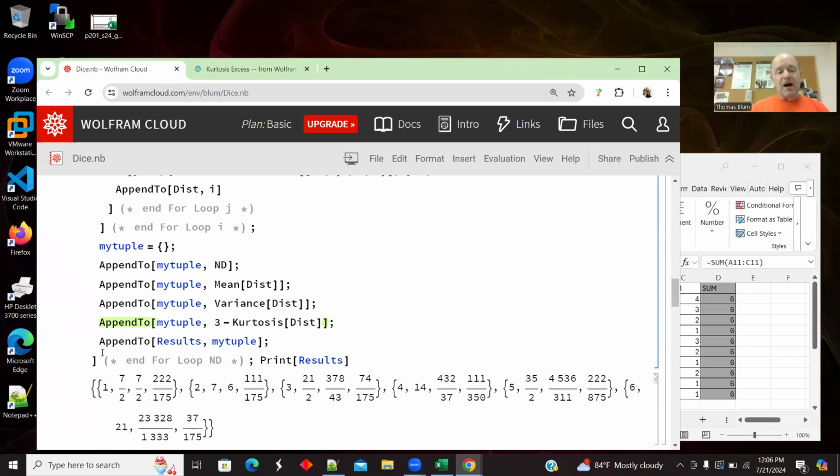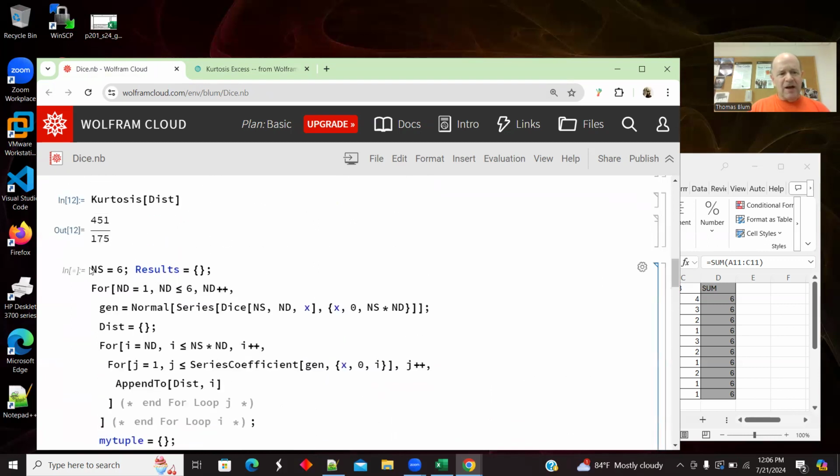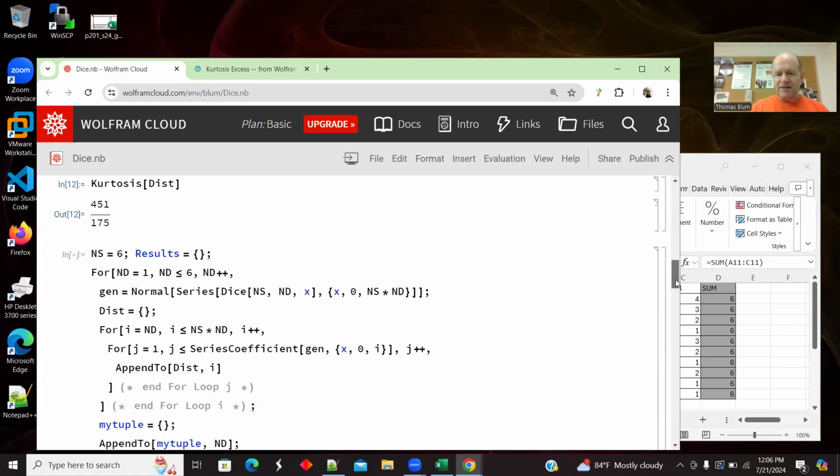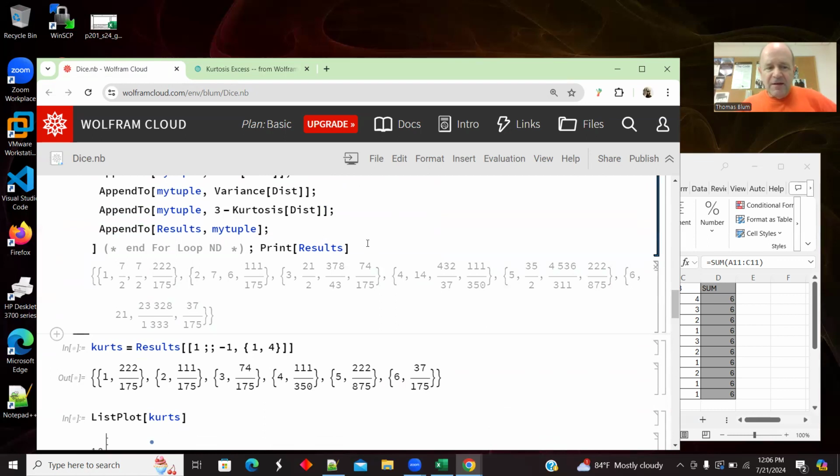And then I am collecting those results. So here, I have a 6-sided die, and then I'm going to have 1, 2, 3, 4, 5, 6 dice of that type. I'll run that. Takes a little while.